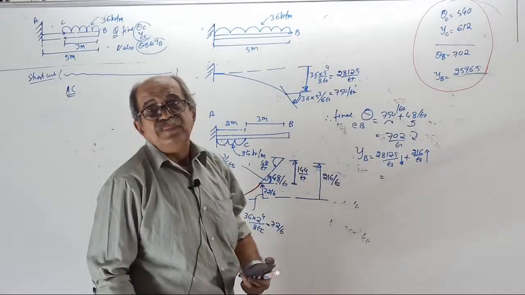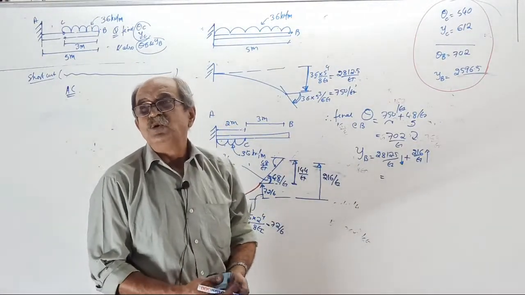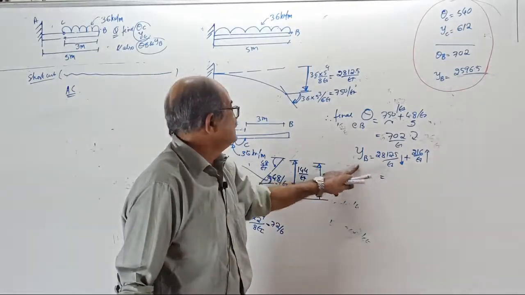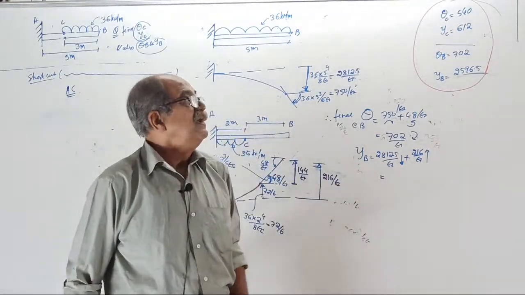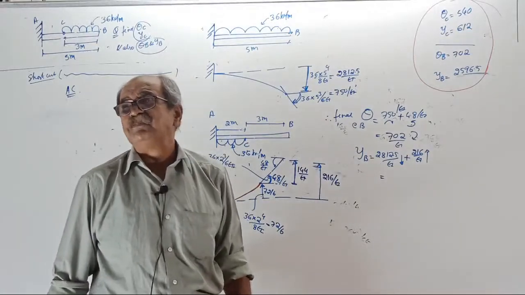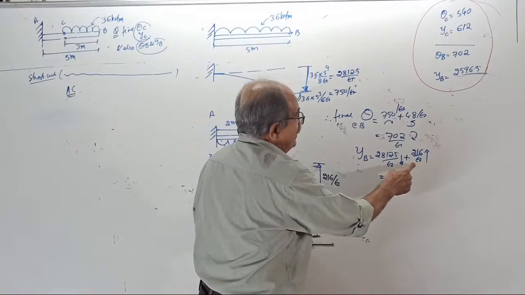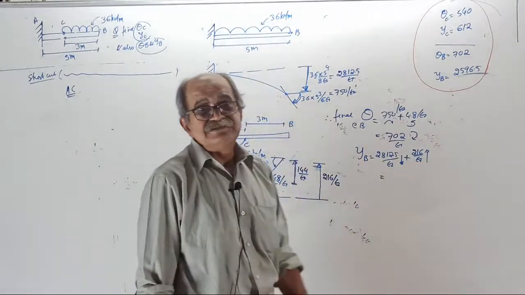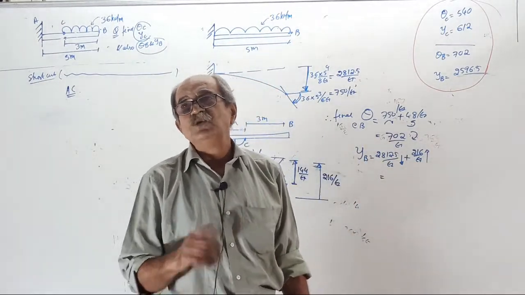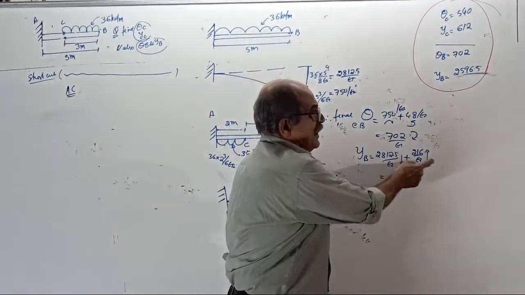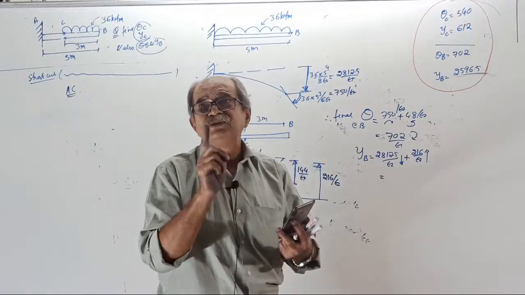There will be some people who will comment, most probably laughing at me. They will say, see this person, he says he knows concepts and mathematics so strongly, but downward here, upward here, he used a plus sign. He does not know mathematics, he should have used a minus sign. He is wrong. When you put a vector sign, you always use a plus sign.